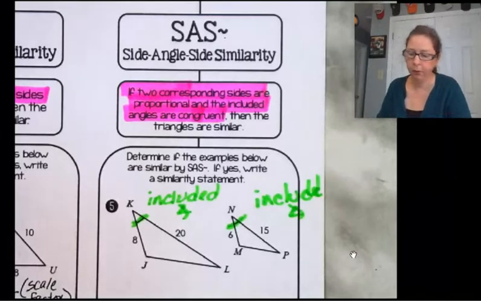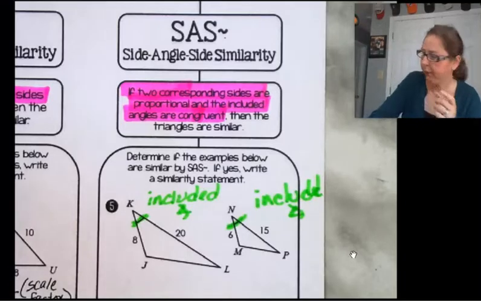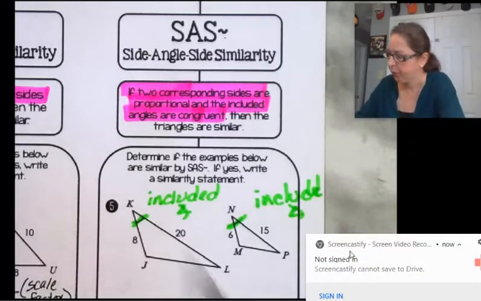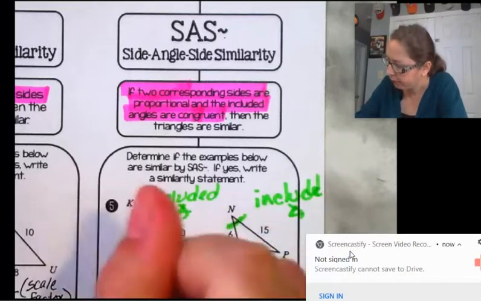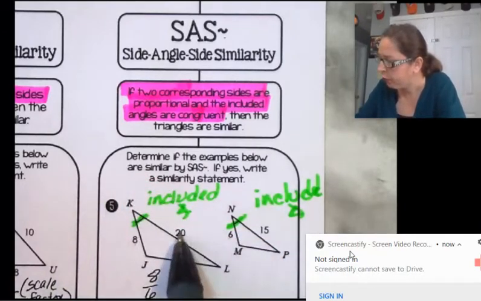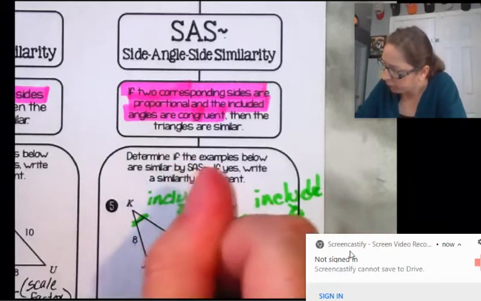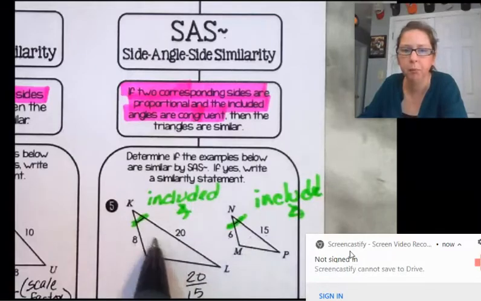All right, so here's what we're going to do for this. We are going to take the two sides that we know, okay, 8 and 6. So 8 over 6 and 20 and 15. In this case, I did big on top, little on bottom, so big to little.